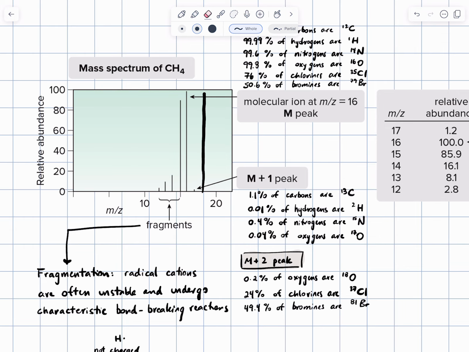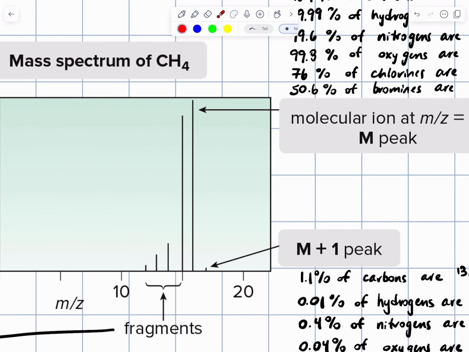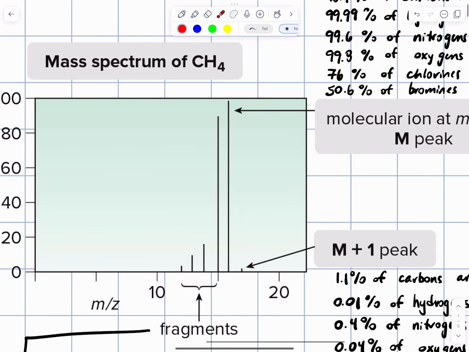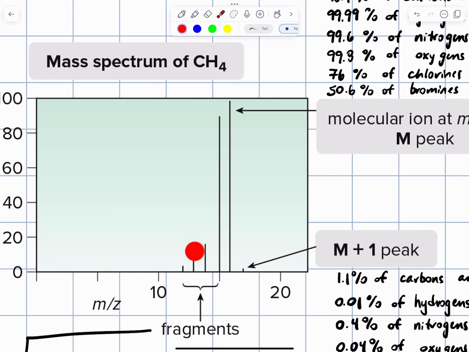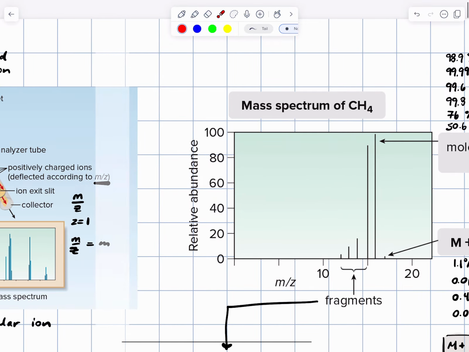Okay? All right, so what about these lower mass peaks? 15, 14, 13, 12. What does that represent? And this is something that will occur or not depending on how your mass spectrometer works.